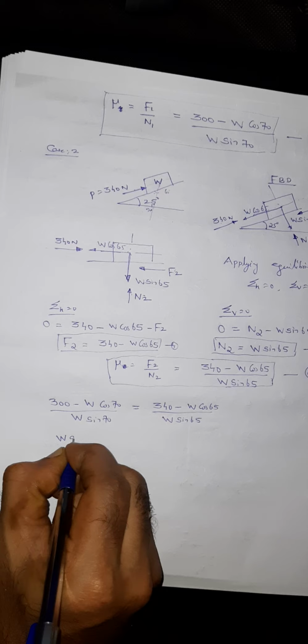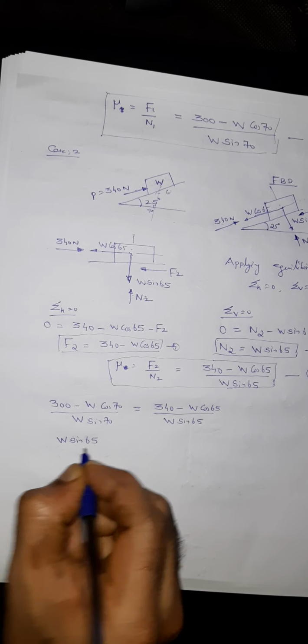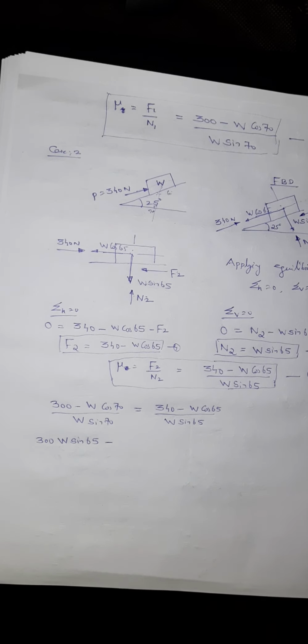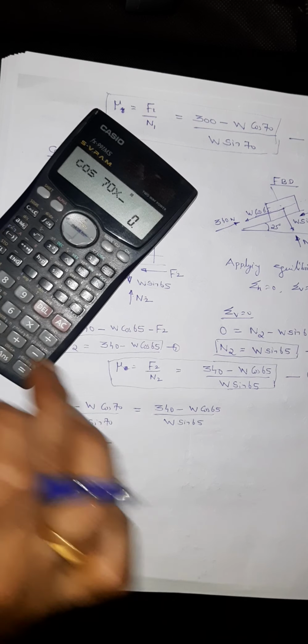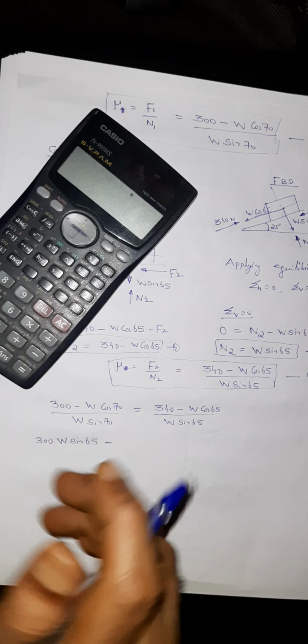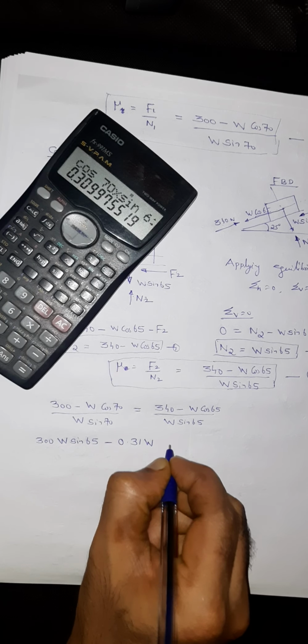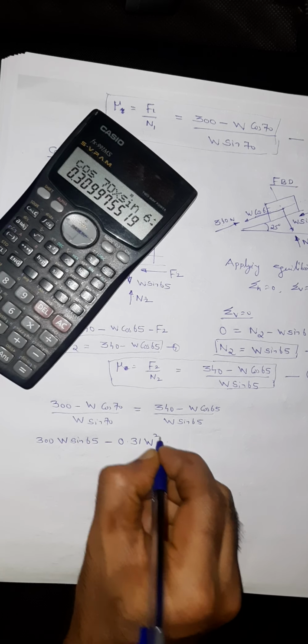So W sin 65 times 300, minus cos 70 into sin 65, 0.31 W square.